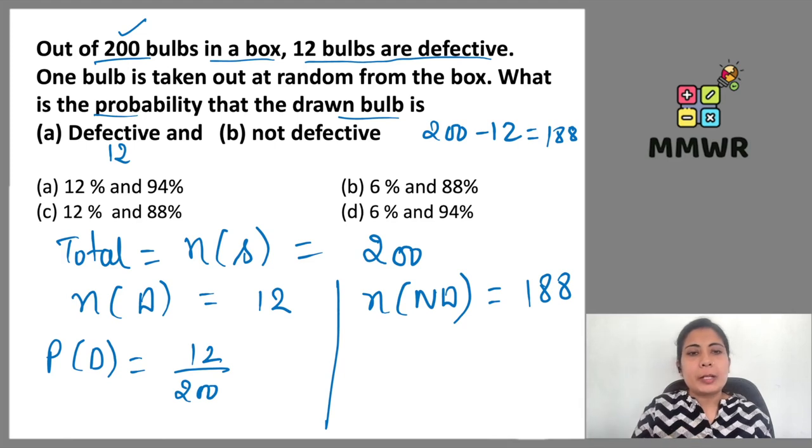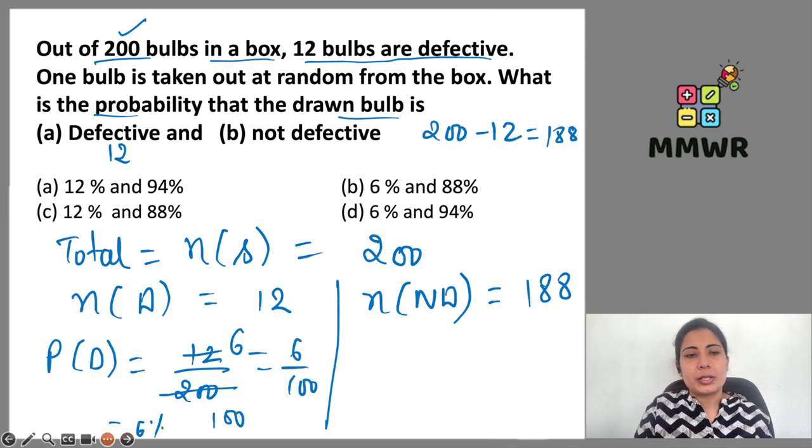Right now it is 200, that means we have to divide it by 2. So if I divide this 200 by 2, I have to divide the numerator as well. 2 sixes are 12. So 6 upon 100 is nothing but 6 percent. Right? 6% is the probability for the defective bulb.